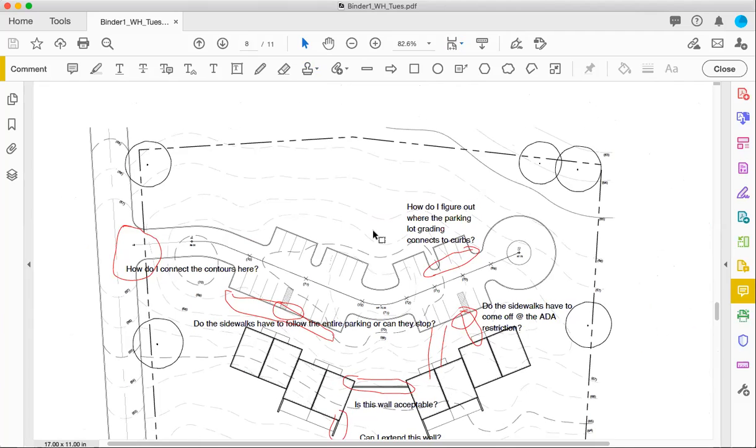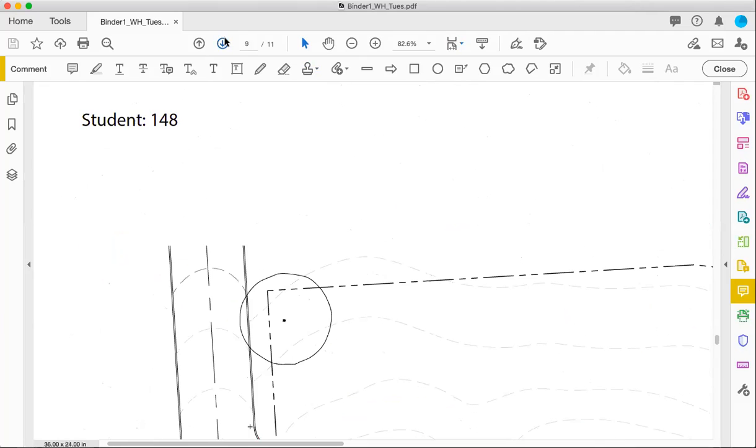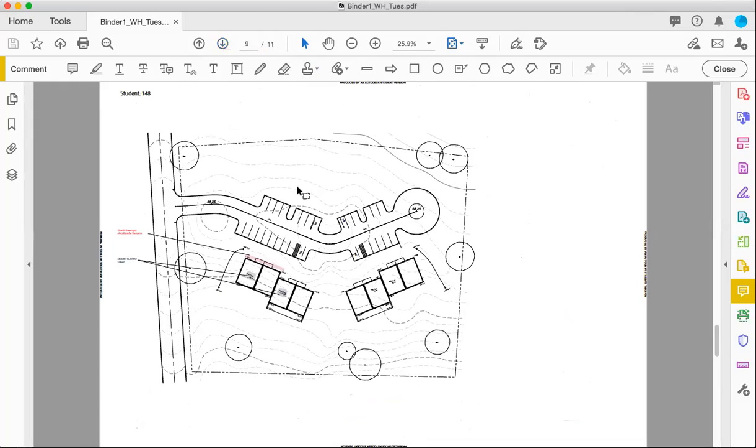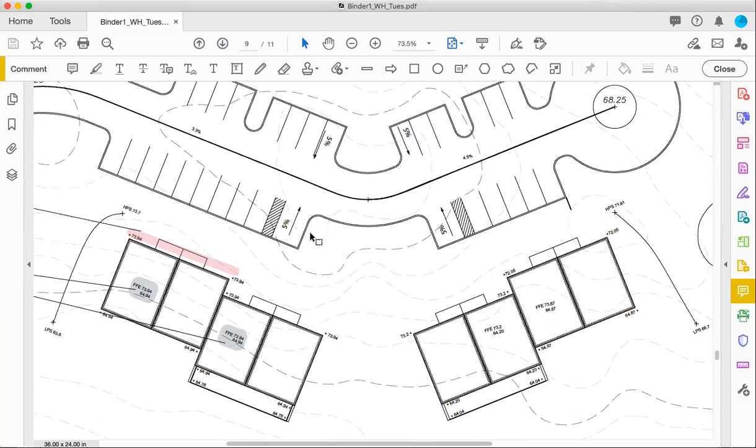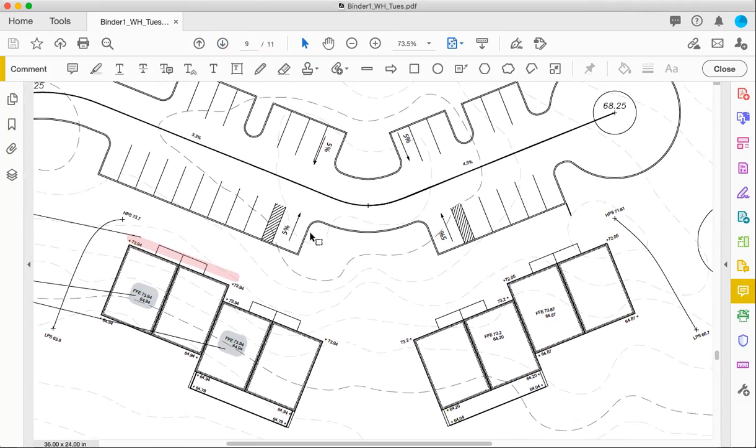For the spot elevations in the parking lot, do you basically just follow the center line and find the elevation where it meets where you're going to take the spot elevation? Sorry, can you repeat that one? If I'm trying to find a spot elevation in the parking lot, would you follow the center line and then find the elevation where it lines up? To calculate the spots, no, you will start with the contours of the parking lot, right?